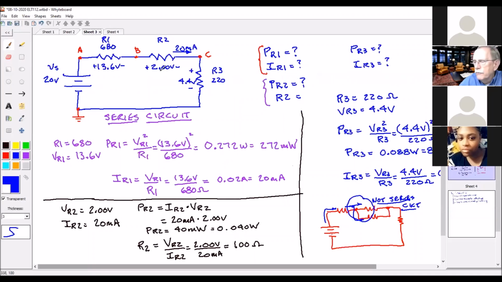So if I go back over here for a minute, 4.4 plus the 2 gives me 6.4, plus the 13.6, we come up with 20. So one of the rules of a series circuit is if I take the individual resistor voltages and add them up, they should add up to the applied voltage.